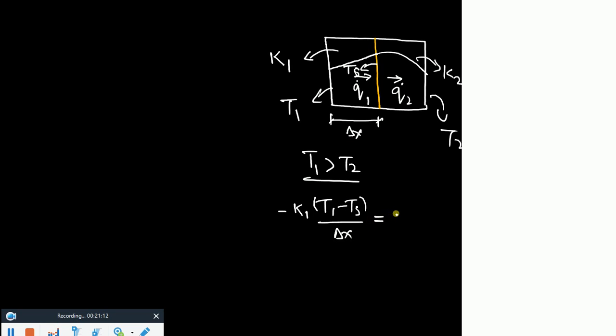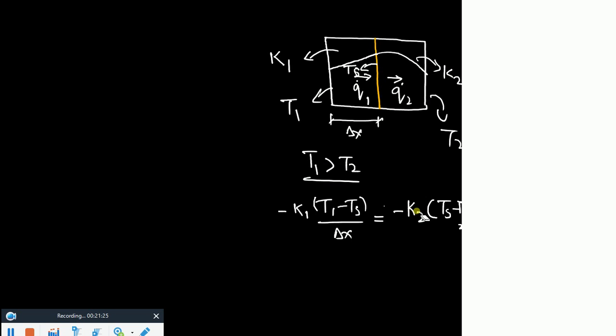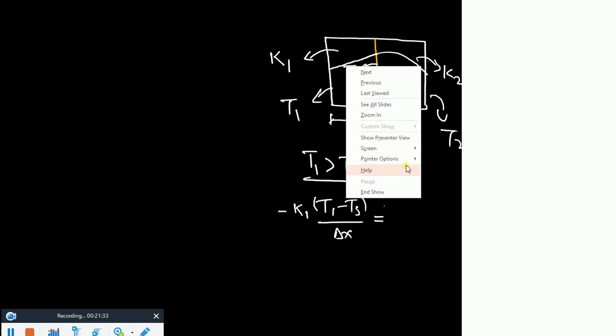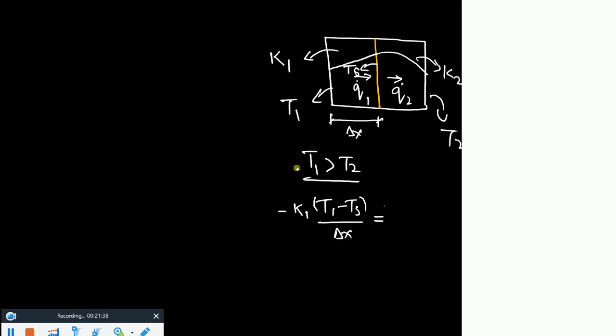Similarly, I would put it equal to minus K2 times Ts minus T2 divided by delta X. I'm sorry for that. Do you understand what I am saying?